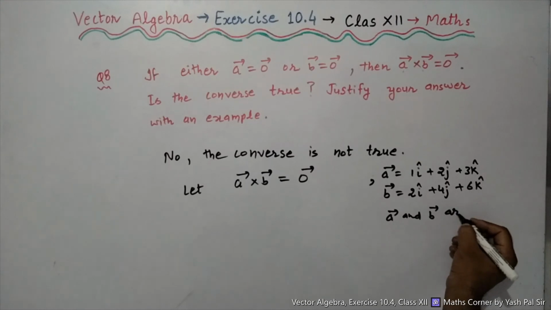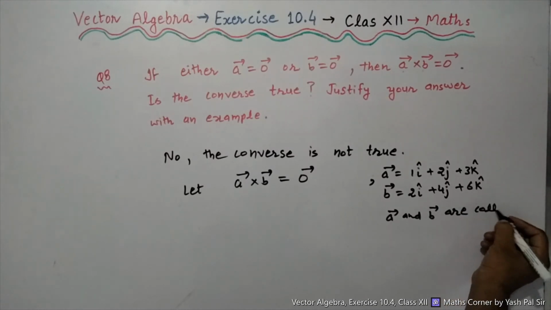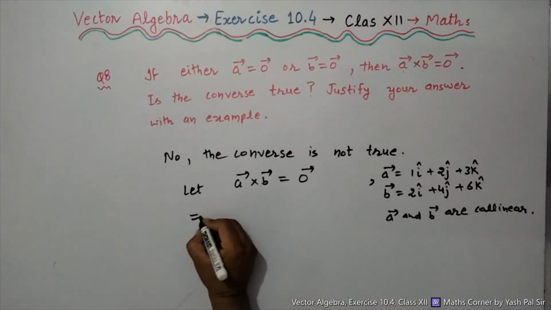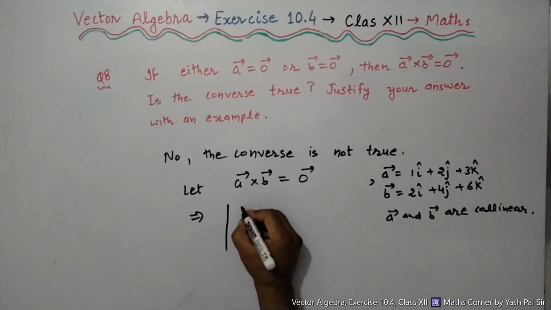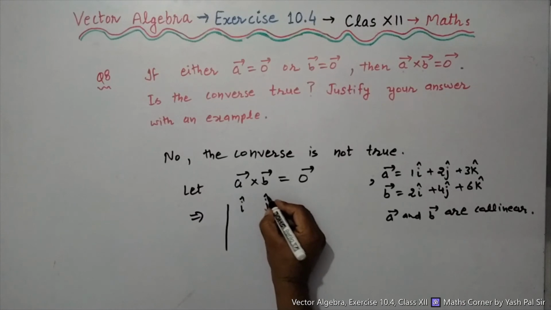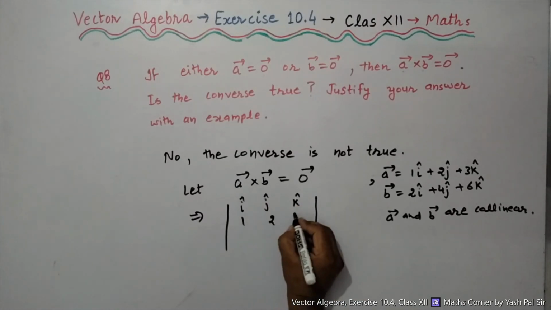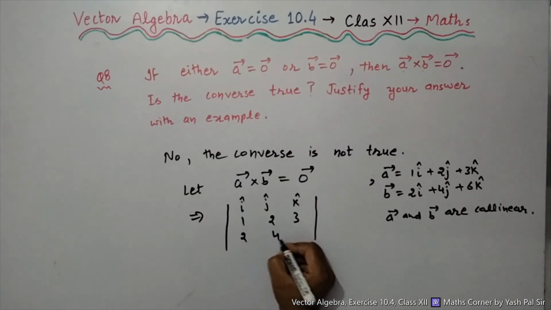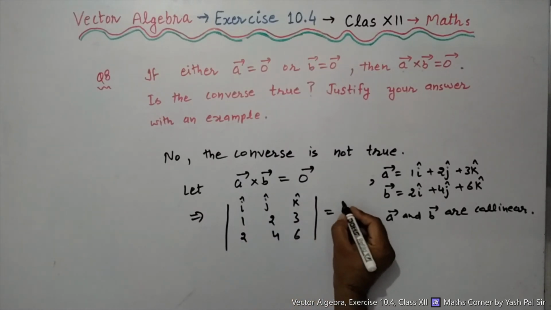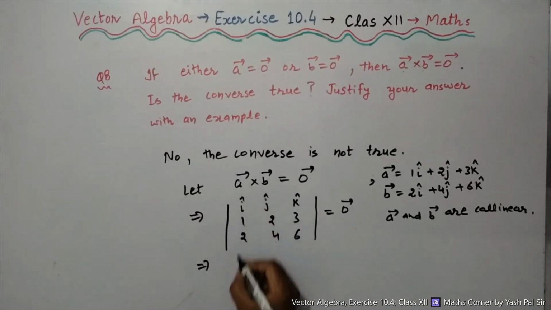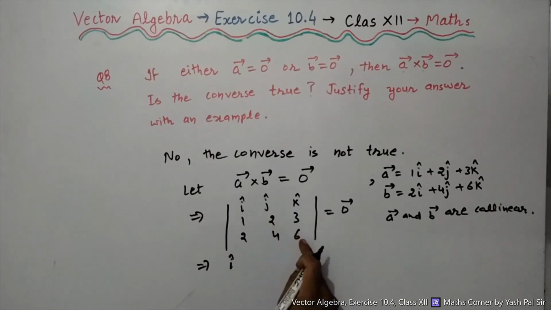That means vector A and vector B are collinear. So this way, i, j, k, 1, 2, 3, 2, 4, 6, this is 0 vector.